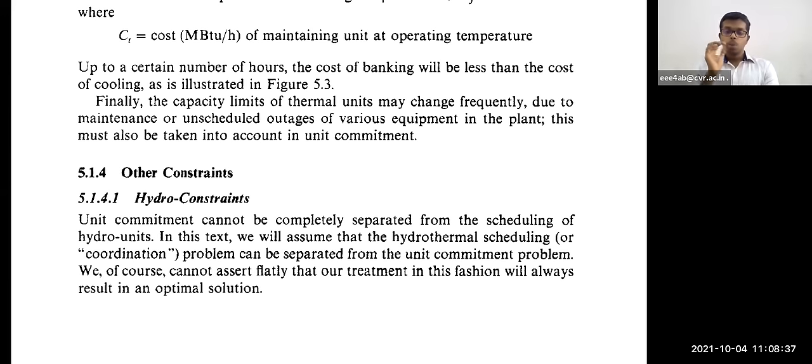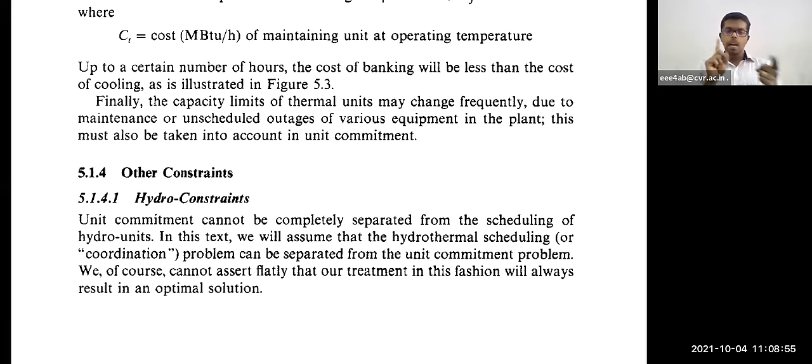So why I am speaking more on that is only because of its complexity. Similarly, hydro constraints will also be considered. So we have seen hydrothermal scheduling coordination.